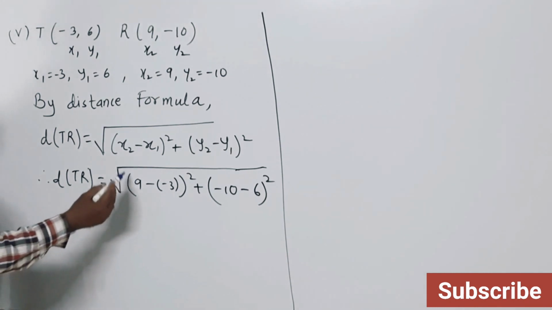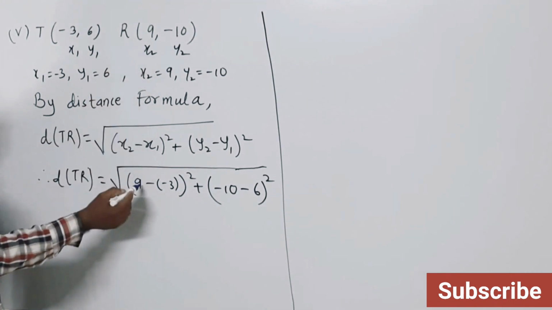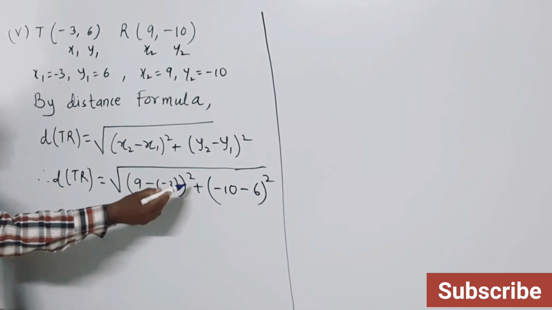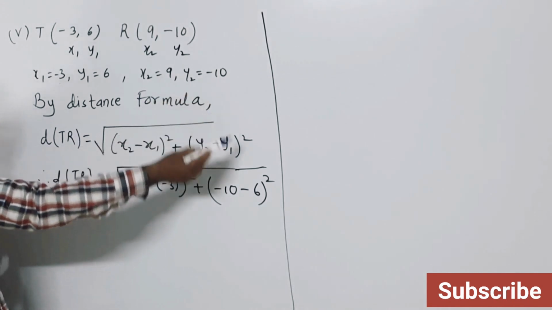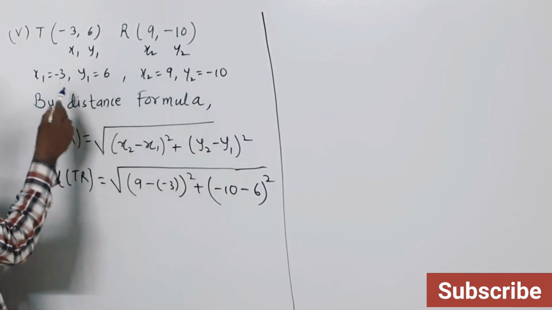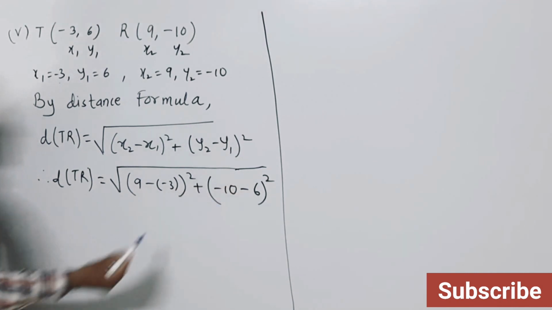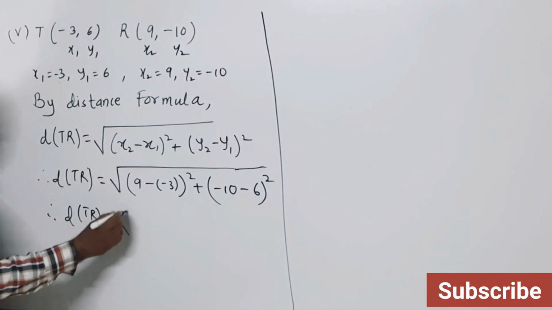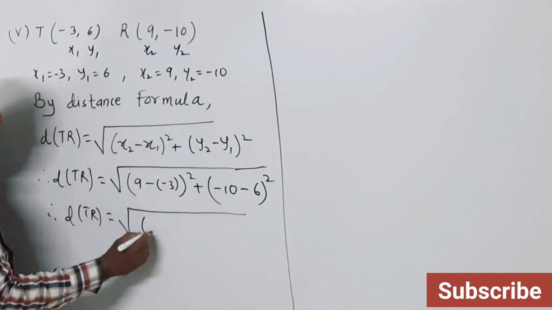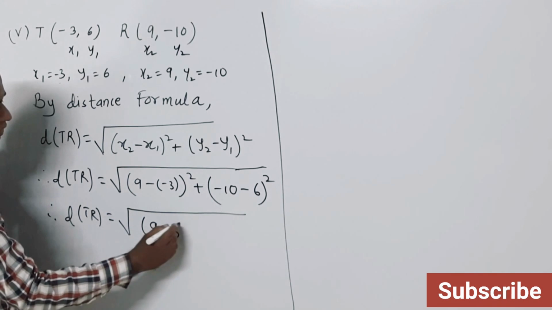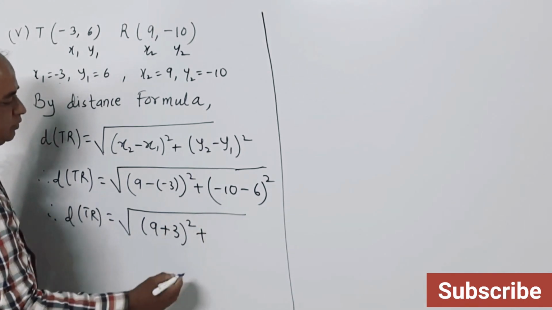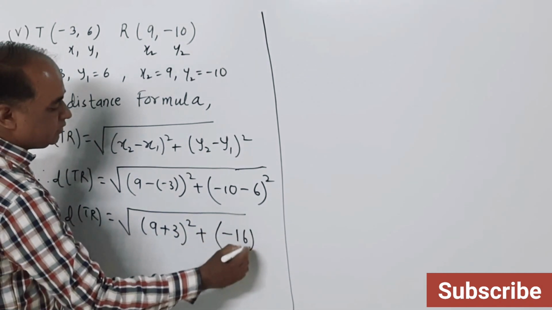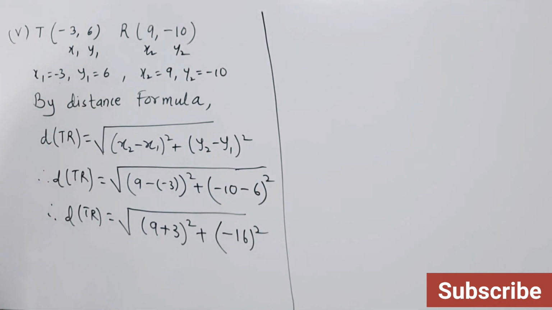So distance TR is equal to (9 minus -3) square plus (-10 minus 6) square, that is (-16) square.